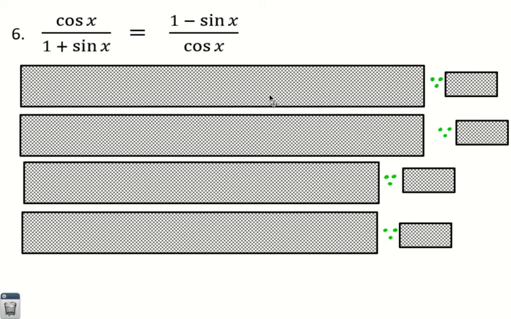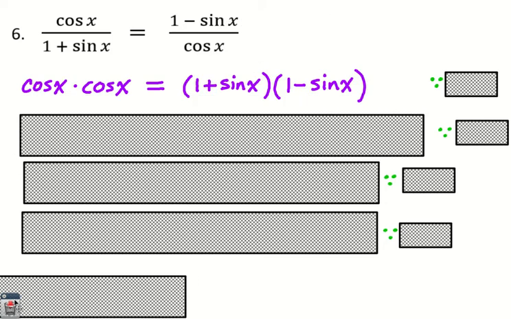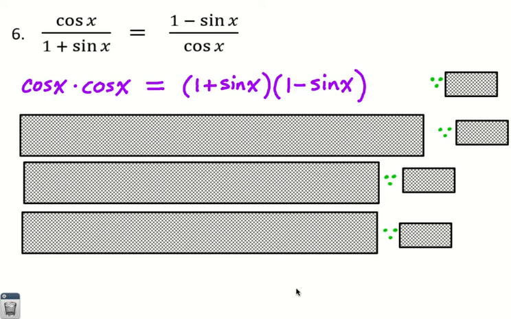But here's what we're actually going to do. Now, this is not something you want to do a lot.